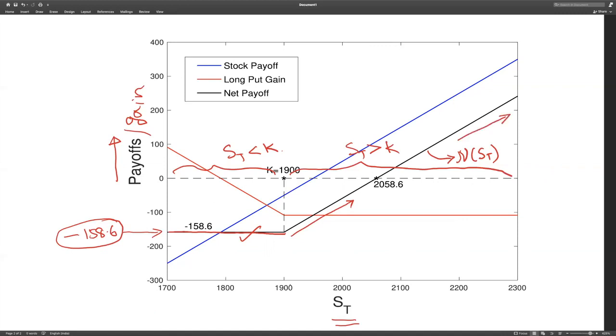There is no bound for profit. That is what the put option is giving him. So we call this limited loss. And also you can see that if the spot market price of the stock is more than 2058.6, then Meg will get profit out of this portfolio.